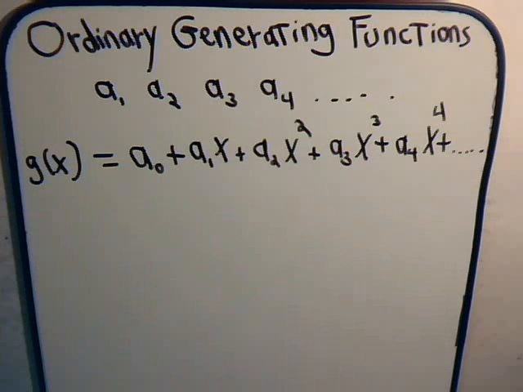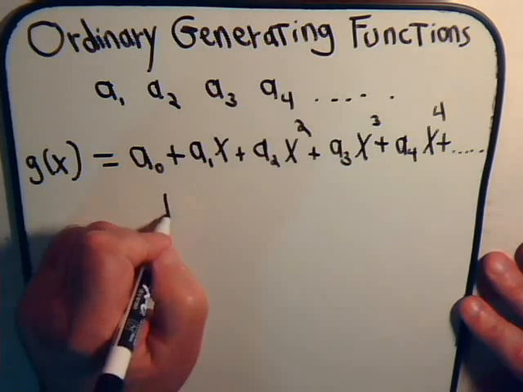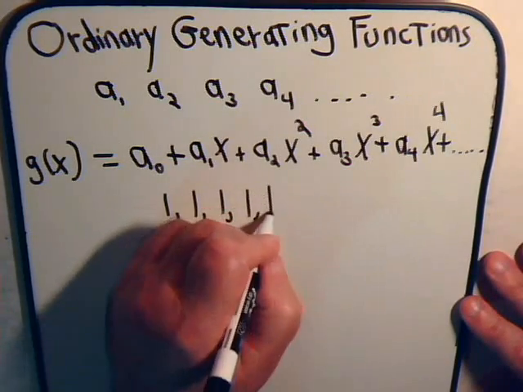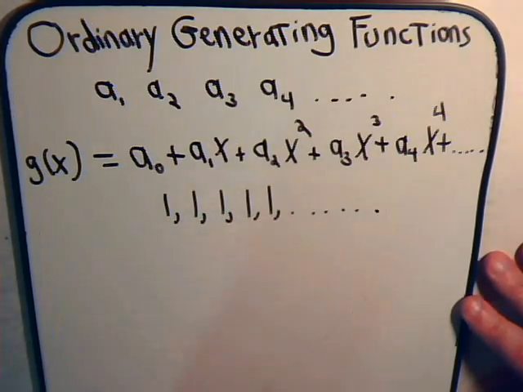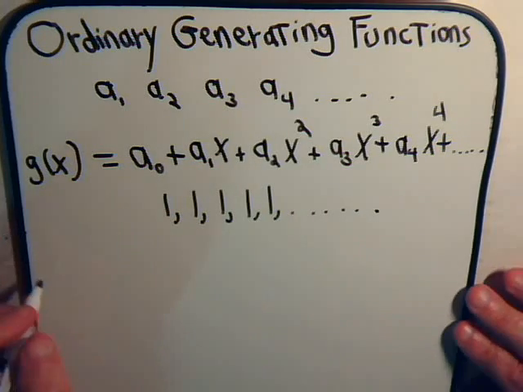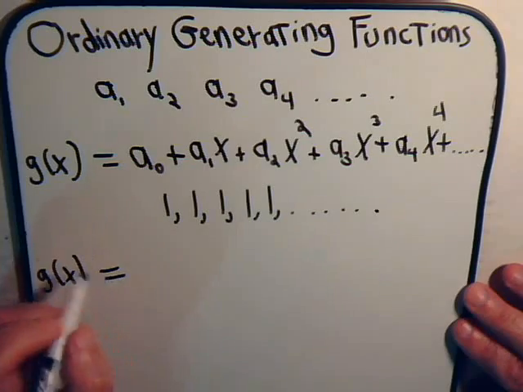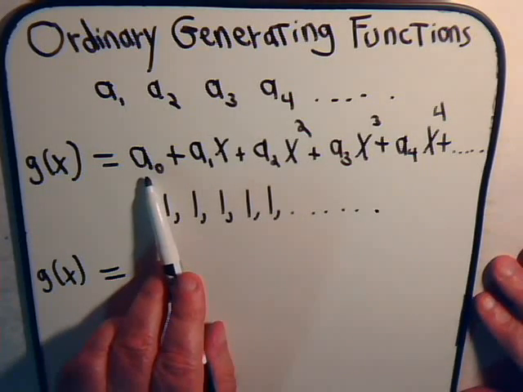For example, let's say that we just had the sequence of numbers, just a series of ones. Then for the generating function, the first number is a constant.